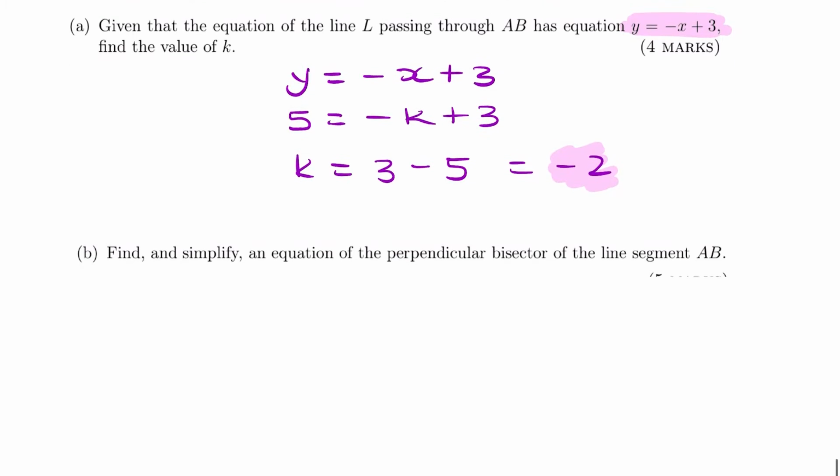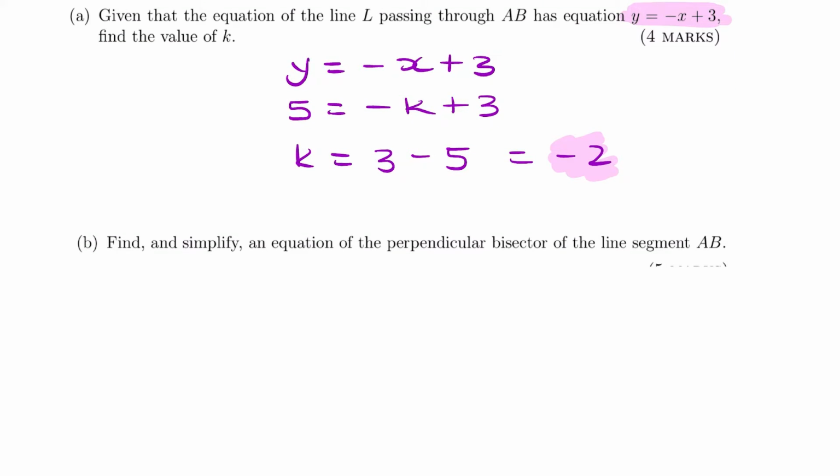The question then goes on to say, find an equation for the perpendicular bisector of AB. So each of these has its own meaning and implication. Perpendicular means at right angles, and bisector means it passes through the midpoint.